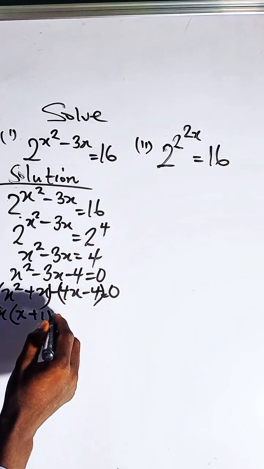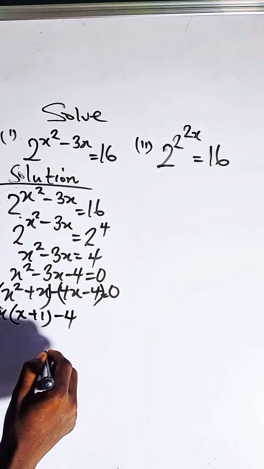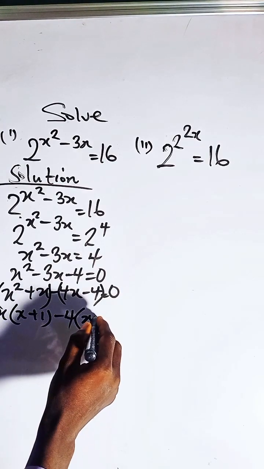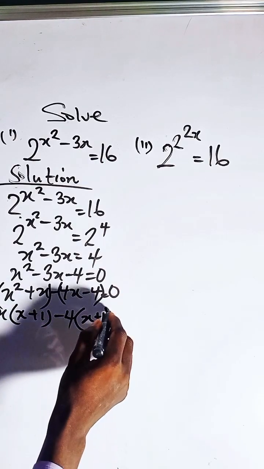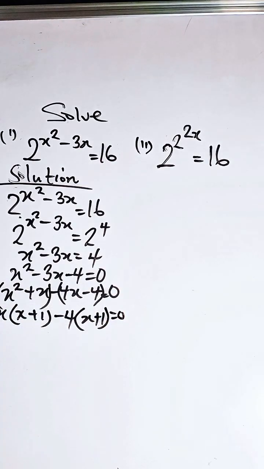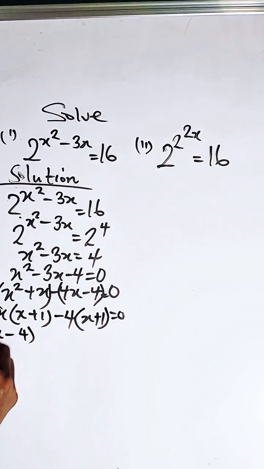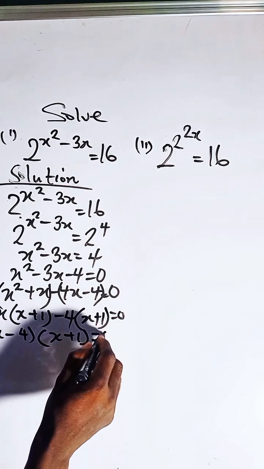Here we have minus. We can factor out the second group with 4, so we have minus 4 into x plus 1. Minus times plus is minus. Equals 0. So we have x minus 4 and x plus 1 equals 0.